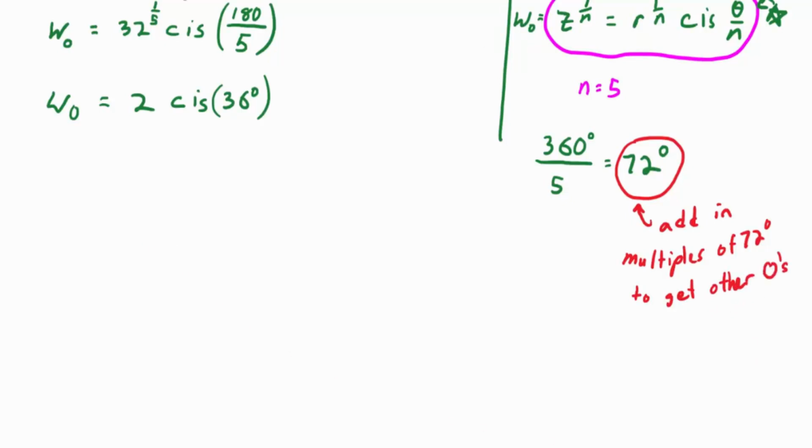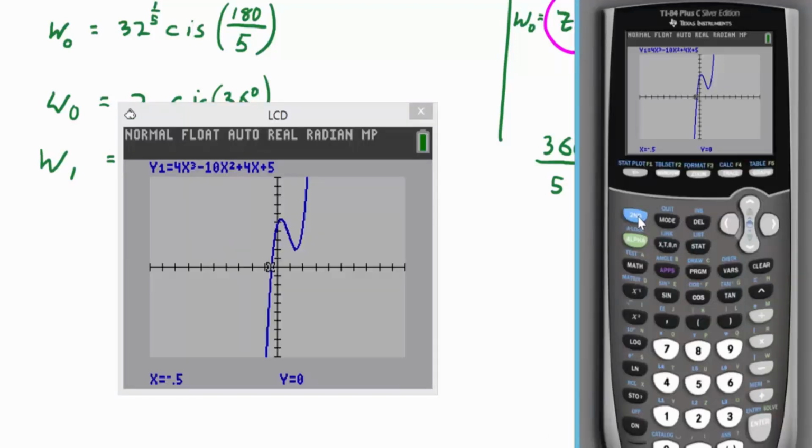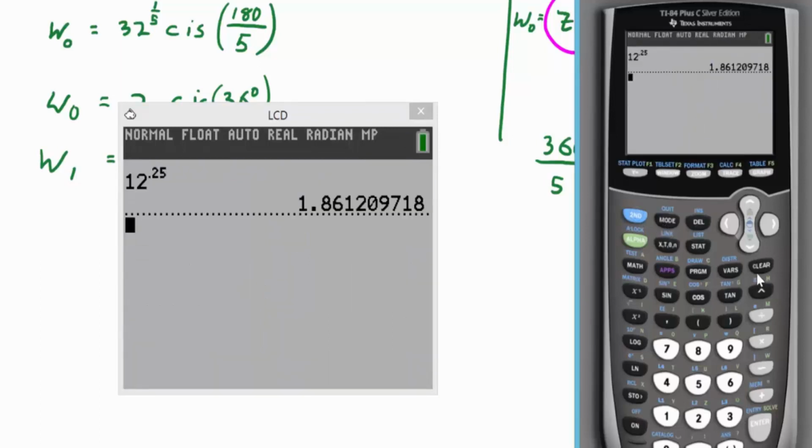Well, that's easy enough. What I would call W1 is obtained by simply adding 72 degrees to 36. So what does that give me? 108. And if it's a particularly difficult thing to add, here's a cool way to do it on your calculator. We could add 72 by adding 70 and then adding 2, that's easy enough. But let's say it's a difficult one.